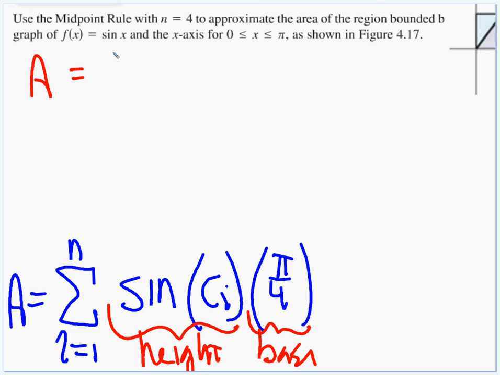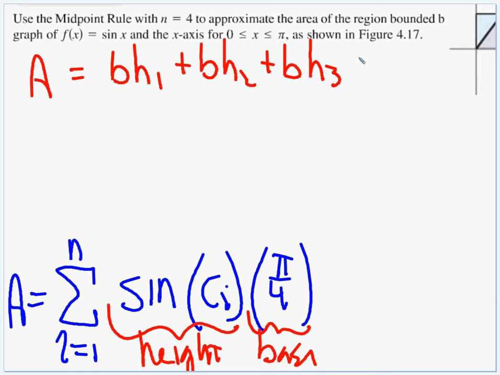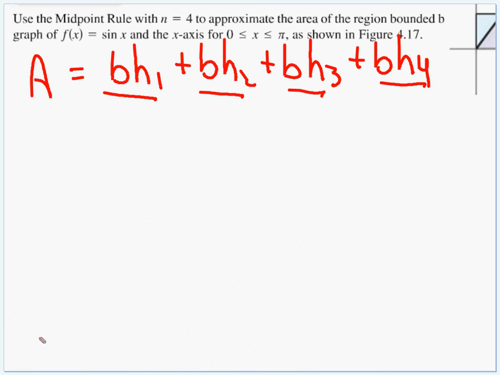Area equals, now I'm going to keep this as abstract as possible. We have base times height 1 plus base times height 2, base times height 3, plus base times height 4. These are our 4 rectangles, base times height for each of the 4. Notice that one of those is the same for all of them.